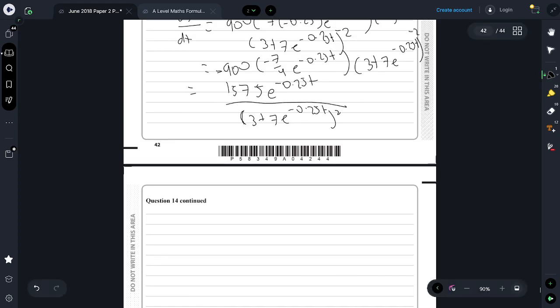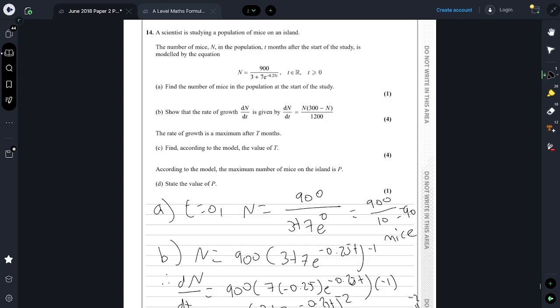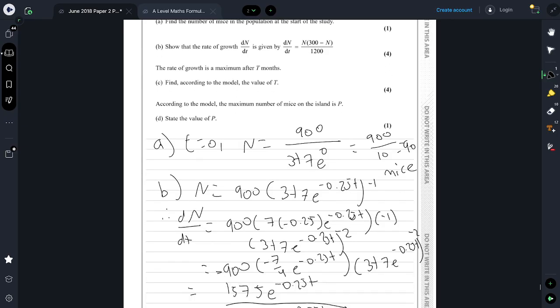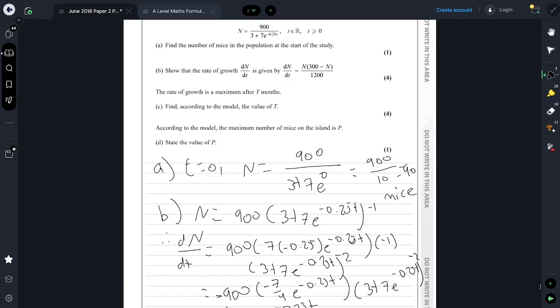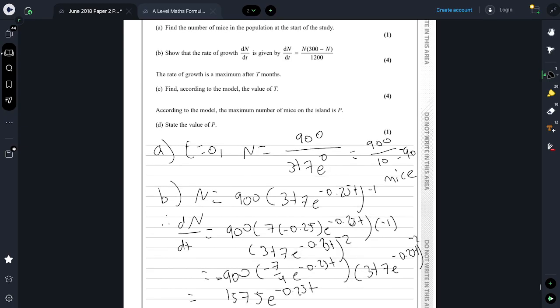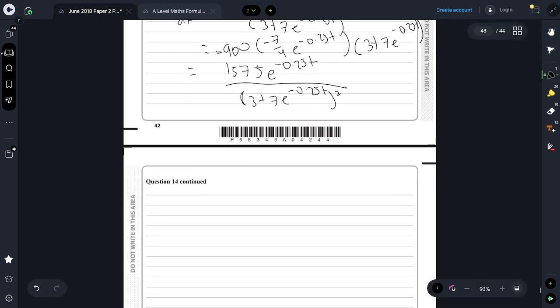Okay, so how can we get rid of this? I'll put this in the numerator.